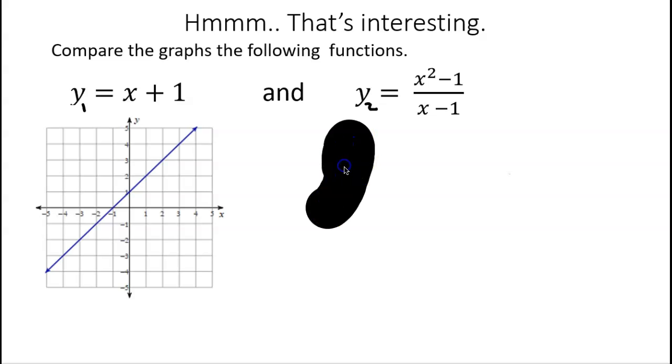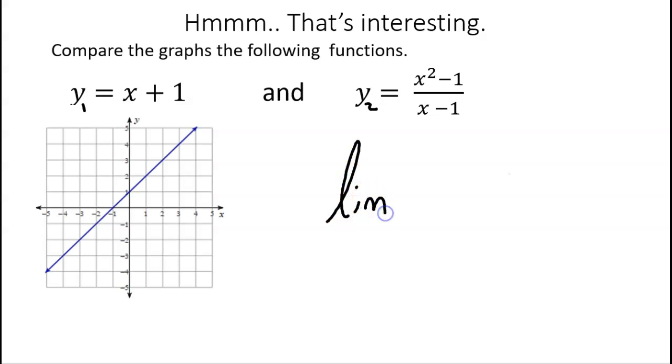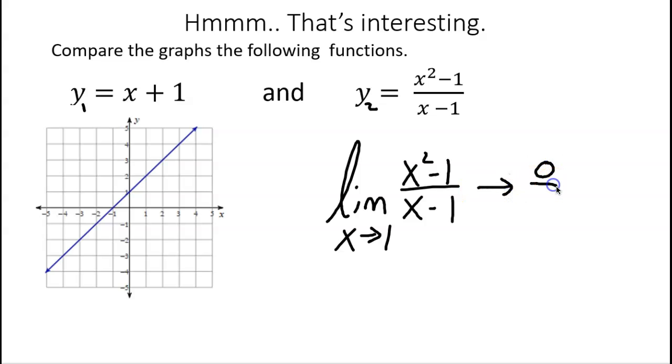And I said, okay guys, help me find the limit as x approaches 1 of this function here. The only way we've learned to find limits so far is direct substitution. If you did direct substitution, you'd end up with 0 over 0, and you might mistakenly think, oh, well, therefore it's undefined.